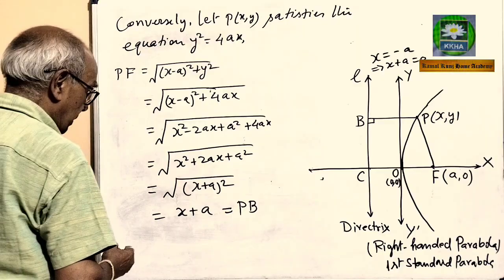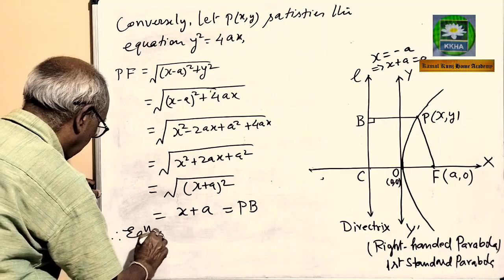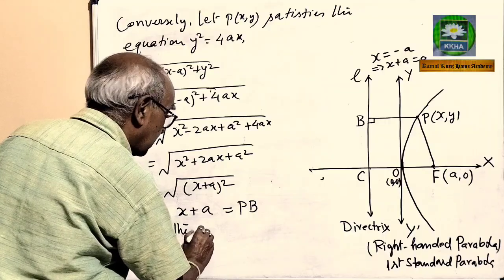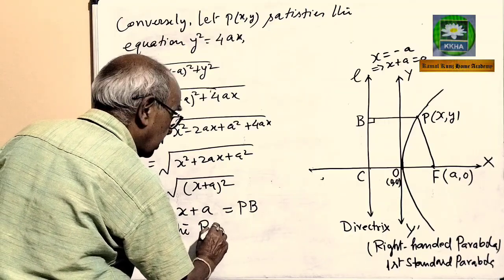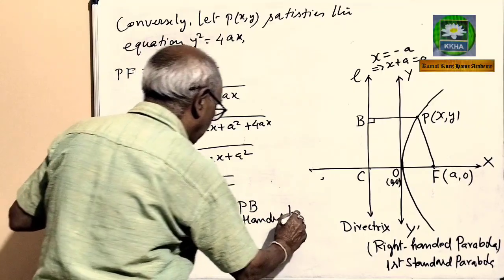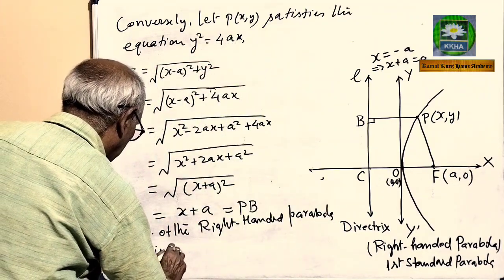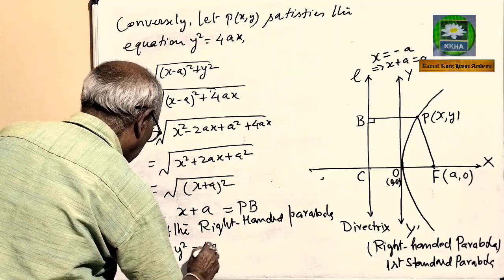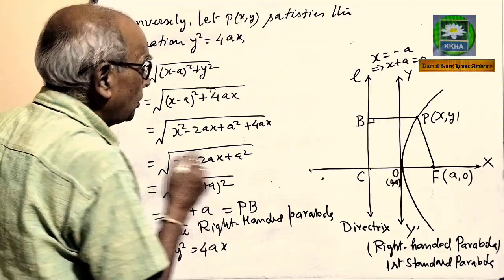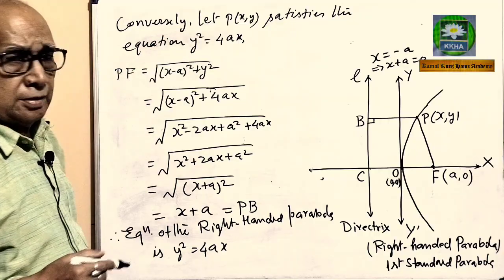Hence, the equation of the right-handed parabola is y square equal to 4ax, and all the points on the parabola satisfy this equation because P is any point on the parabola.